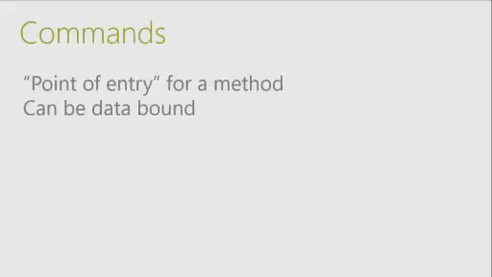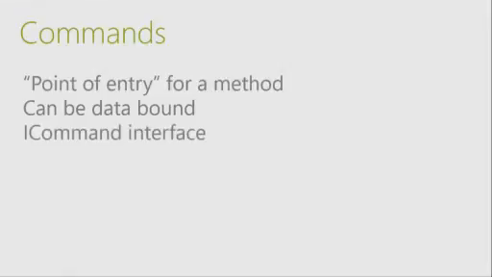So it can be, and in fact it should probably be, data bound. Of course, you can also actuate commands directly in code, that works, but if you have the data binding, that's actually pretty convenient. This is an implementation of the ICommand interface. ICommand, again, like INotifyPropertyChanged, has nothing to do with XAML, with WPF or anything. It was here already before, so this is a well-known pattern, a well-known interface.